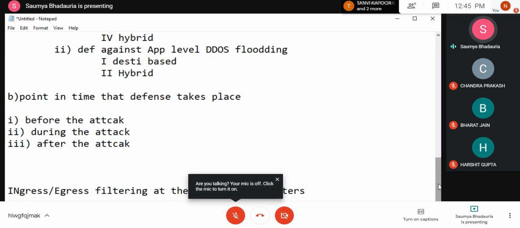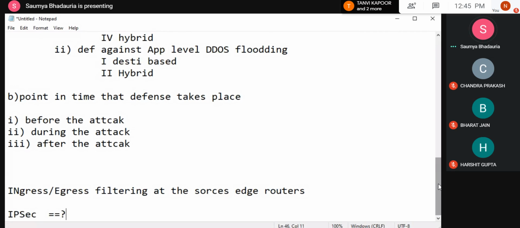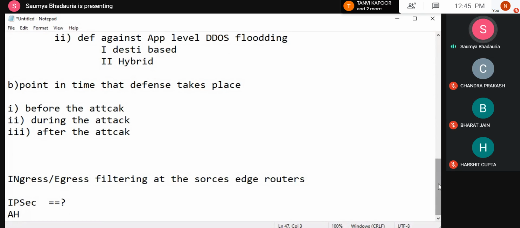So this problem is somewhat addressed in the IPsec protocol. What is there in IPsec so that it tries to prevent spoofing? IPsec basically has AH, ESP, and IKE.